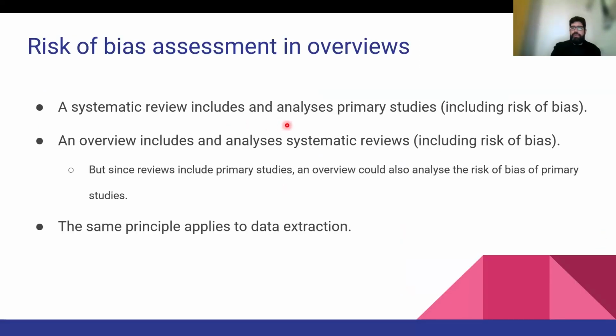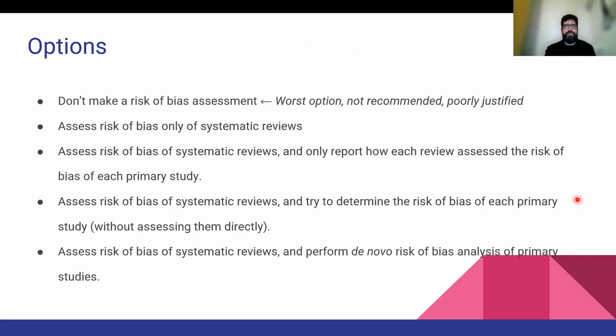A systematic review includes an analysis of primary studies, including risk of bias. An overview includes an analysis of systematic reviews, including risk of bias. But since reviews include primary studies, an overview could also analyze the risk of bias of primary studies. The same principle applies to data extraction. Options: the worst option is just not making a risk of bias assessment.